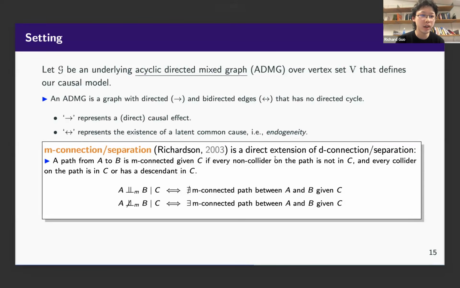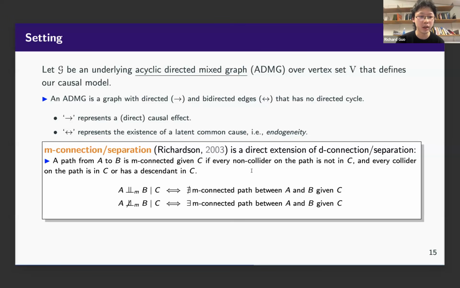For ADMGs, a very important concept is M-connection and M-separation. This is a direct extension of the concept of d-connection and d-separation from DAGs. The way to test M-connection and M-separation is basically the same as for testing d-connection and d-separation.